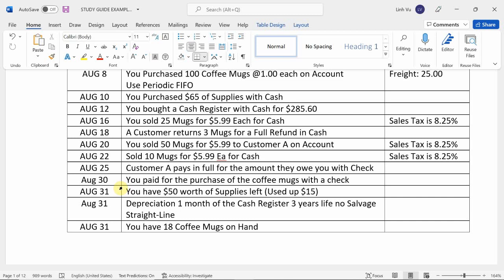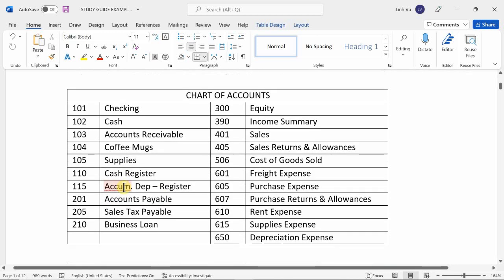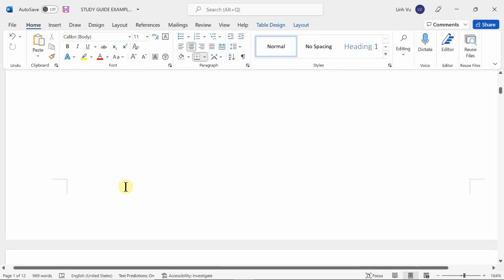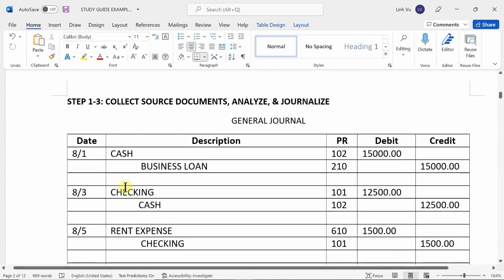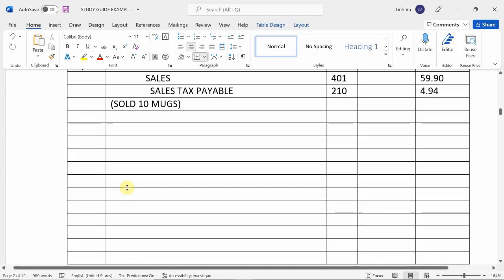So they paid you for the amount that they owe you with a check. Okay. So that means customer A paid for what they owed me. So they wrote a check to me.